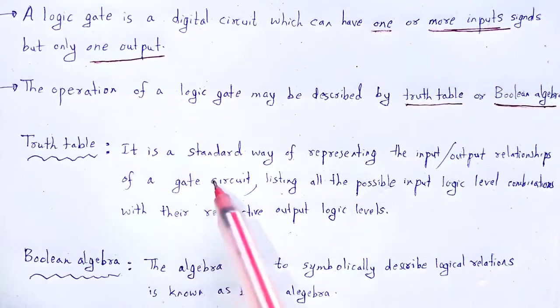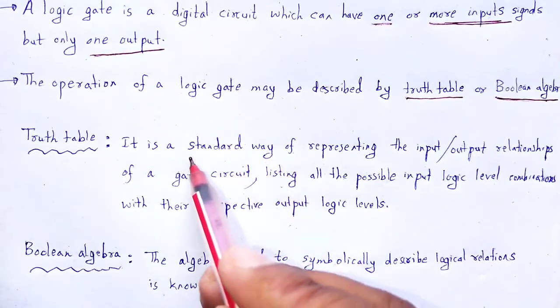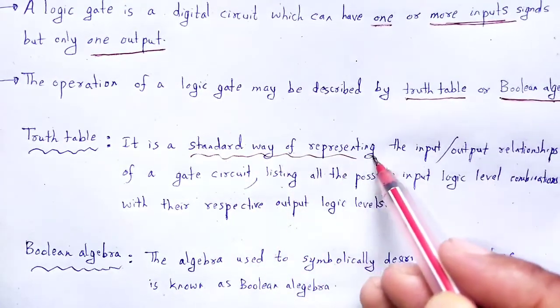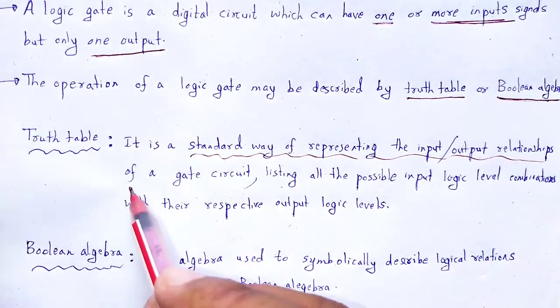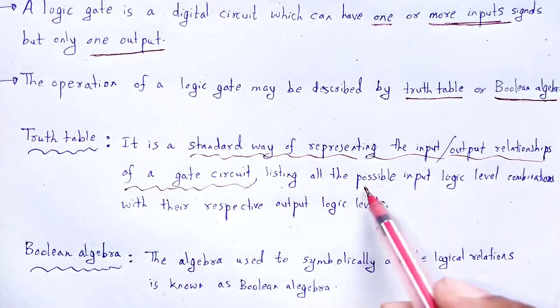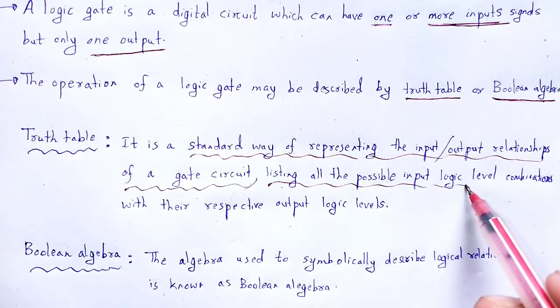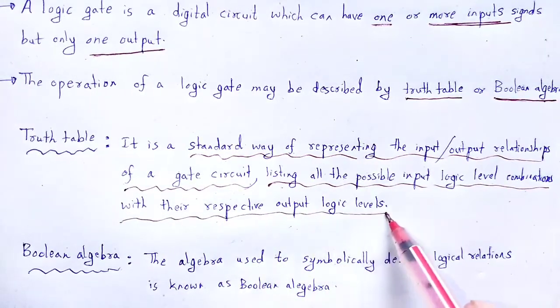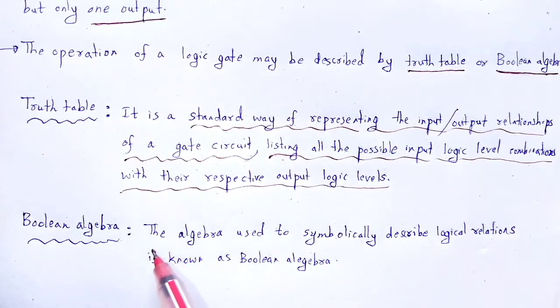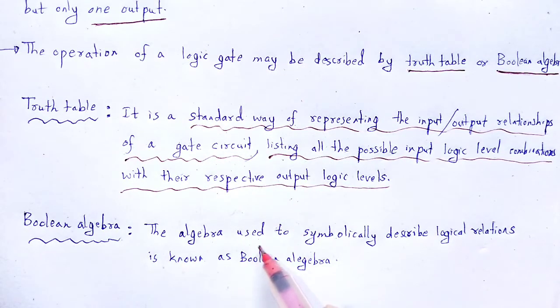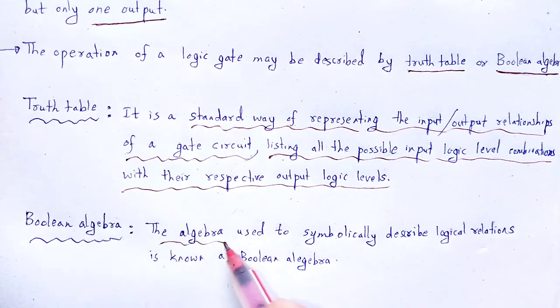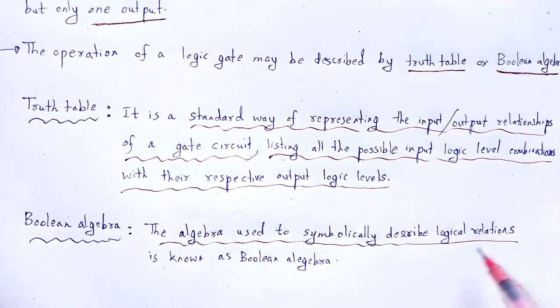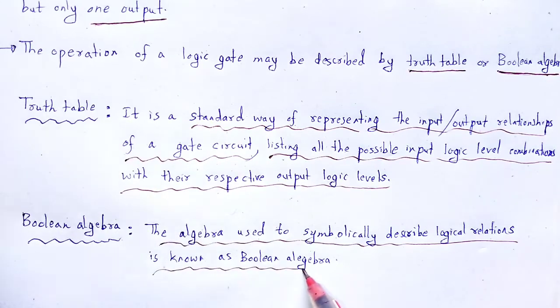This is the truth table, the standard way of representing the input and output relationship of a gate circuit, considering all the possible input level combinations with their respective output logic levels. In case of Boolean algebra, that algebra used to symbolize or describe the logical relations is known as Boolean algebra.